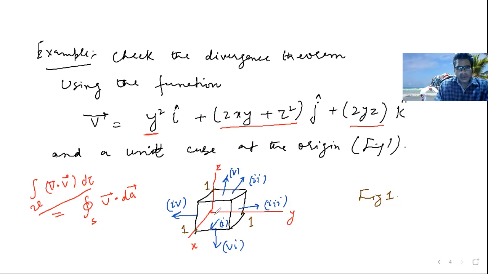So front face is first, back face is second, right face is third, left face is 4, up face is 5th, and downward face is 6.